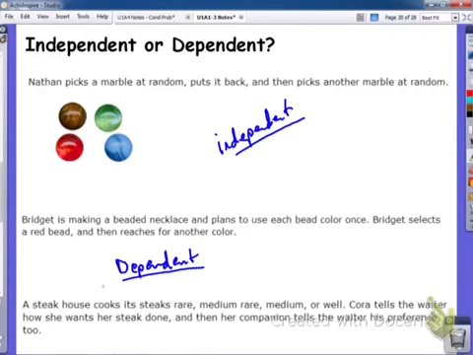A steakhouse cooks its steaks rare, medium, or well. Cora tells the waiter how she wants her steak done, and then her companion tells the waiter his preference too.